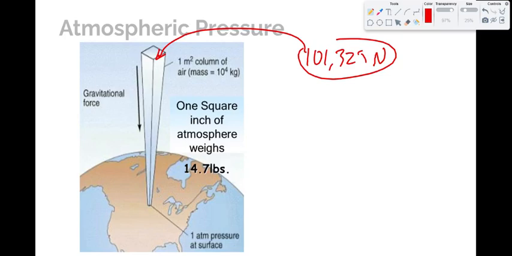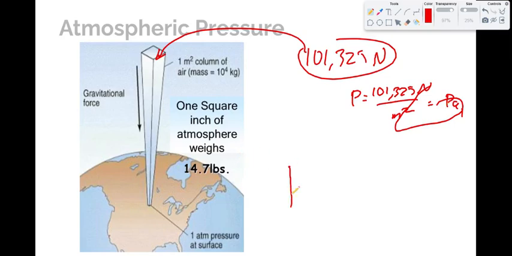So that means that the Earth's atmosphere has a pressure of 101,325 newtons over that square meter, or that means 101,325 pascals.